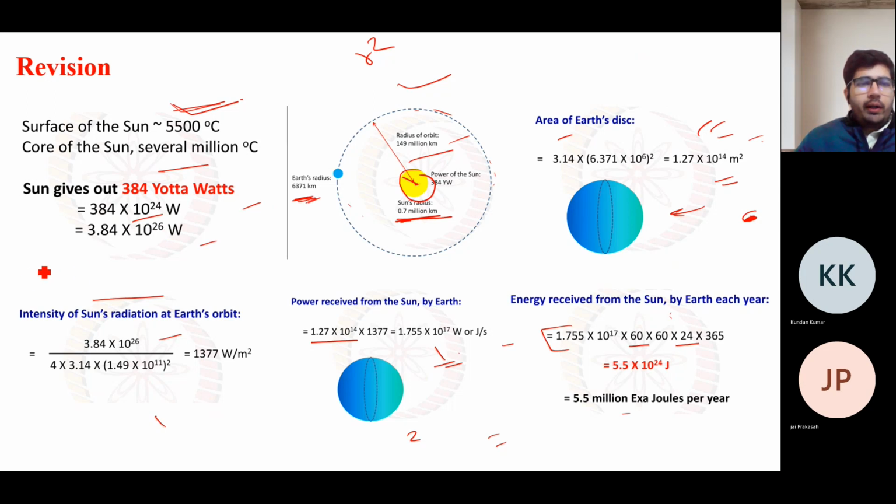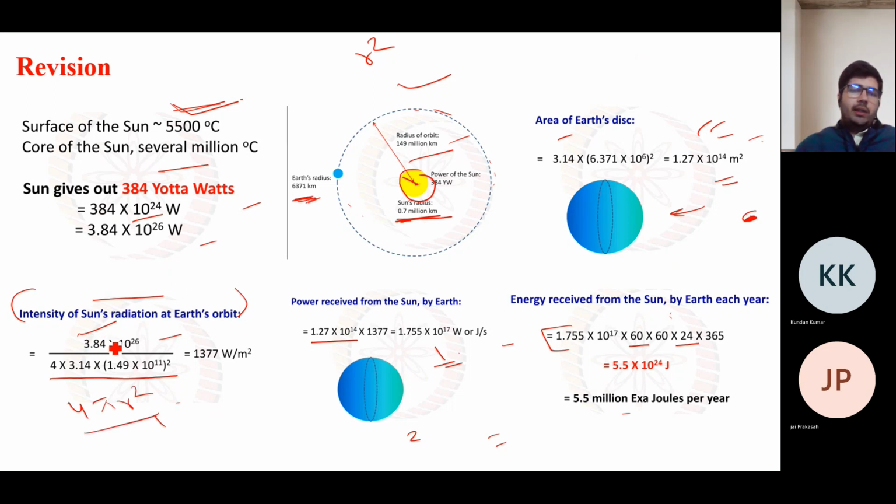We can find out the intensity first: the intensity of the sun's radiation at Earth's orbit, by using the total radiation given by the sun and dividing by the area of that orbit. The orbit is spherical, so 4 pi r squared is the area.